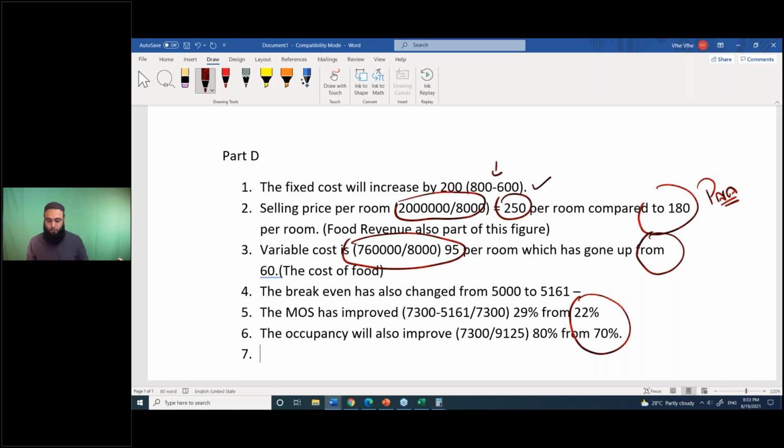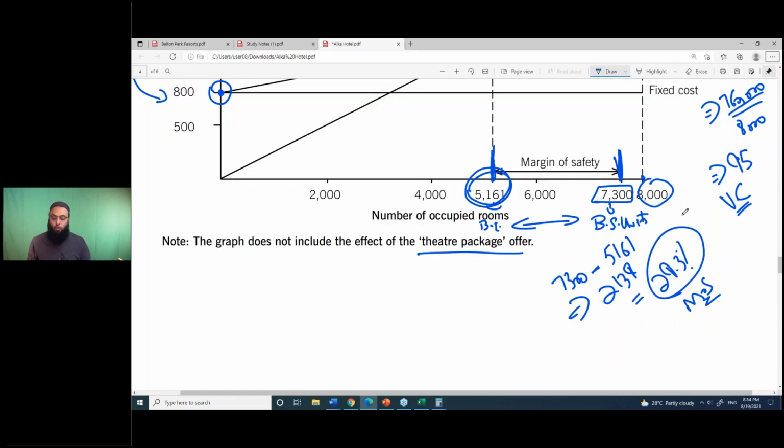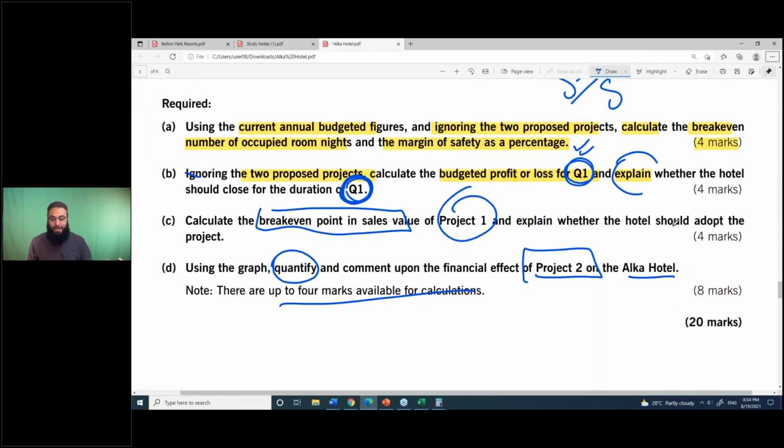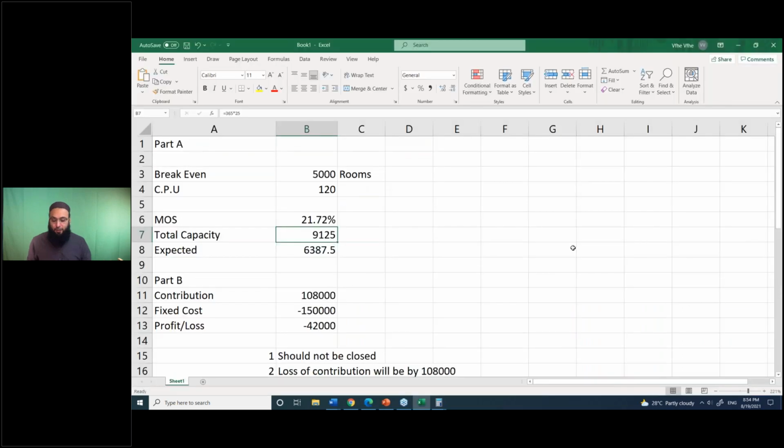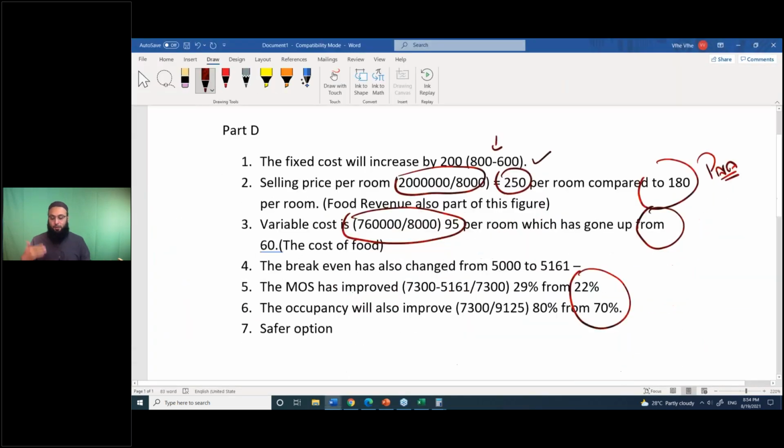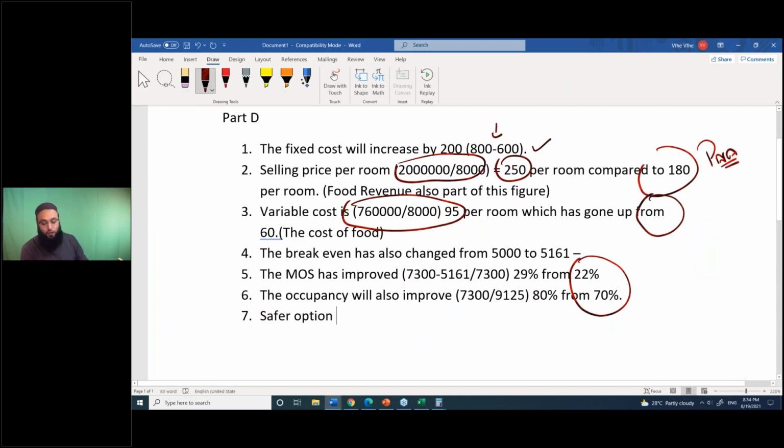Okay, one can say safer option because your MOS is improving and your capacity utilization is also improving. Okay, and this what you had to do in this case for 8 marks. We have 4 marks for the calculations that I did in front of you people, and the rest is for the theory. In multiple small short paragraphs, you have to draft the answer. I hope you liked my explanation, and this would have made things really clear for you. Any questions?